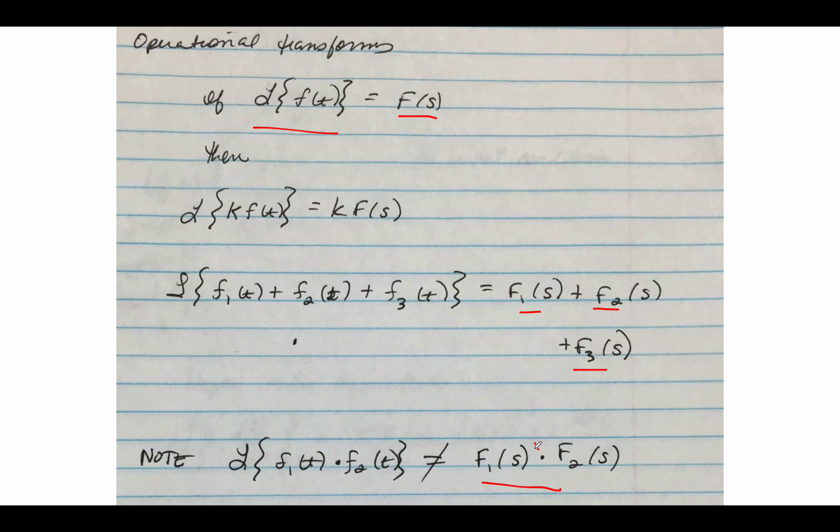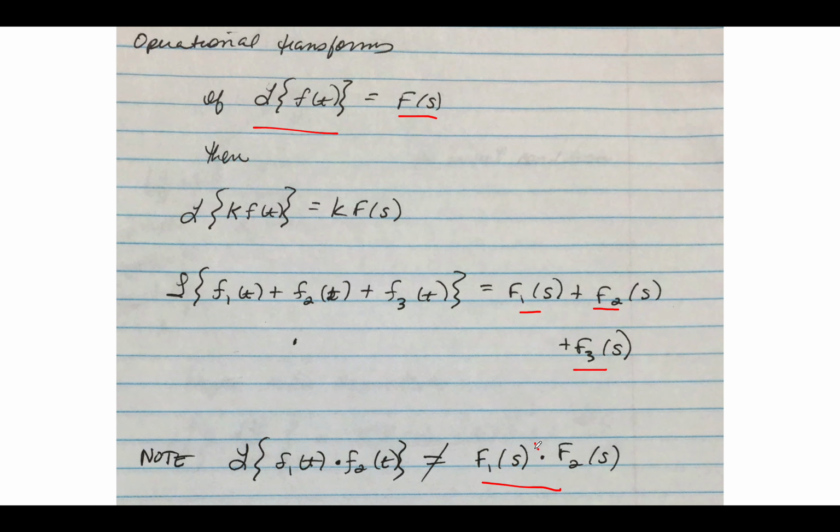It's really easily proven by substituting it into the Laplace integral, doing a variable substitution where you let some tau equal t minus a, and then that pulls out the e to the minus as term. Really easy to prove that. And then finally, the frequency shift. When we have a function in time that is multiplied by e to the minus at in the time domain, that translates into F(s plus a).